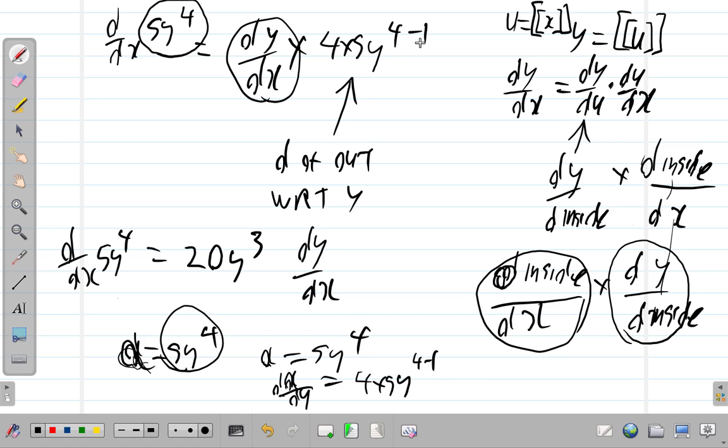Even though you can mechanically just remember that you should have 4 by 5y to the 4th times dy by dx. Anytime you have a y in the derivative, you must always multiply by dy by dx. But I want you to understand what's happening in the background and the reason why you do what you do there.